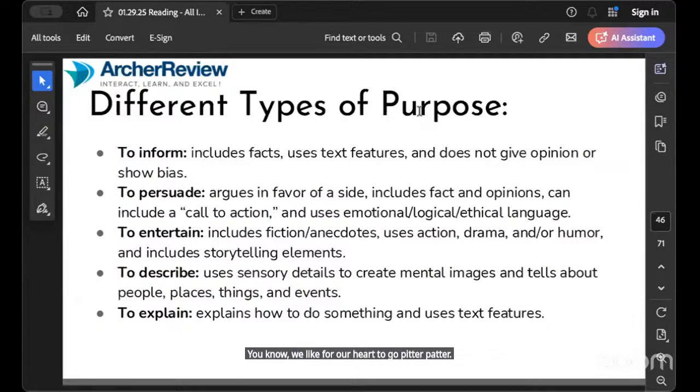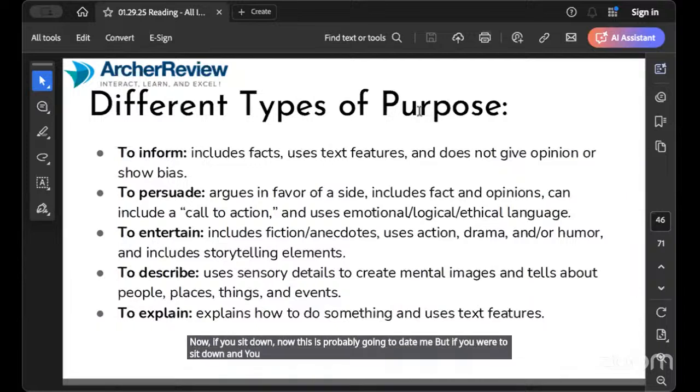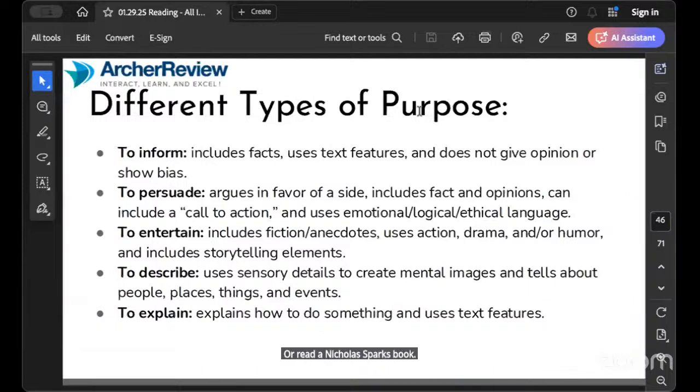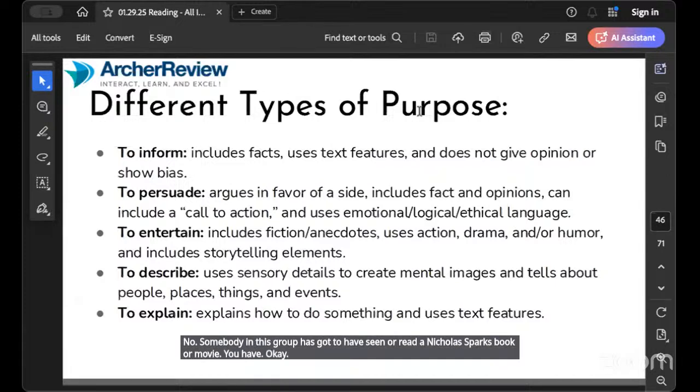Now, this is probably going to date me, but if you were to sit down and you ever watched a Nicholas Sparks movie or read a Nicholas Sparks book? Anybody? Come on now, y'all. Somebody in this group has got to have seen or read a Nicholas Sparks book or movie. You have. Okay, now we're going to rely on you now. Come on. I need your input.